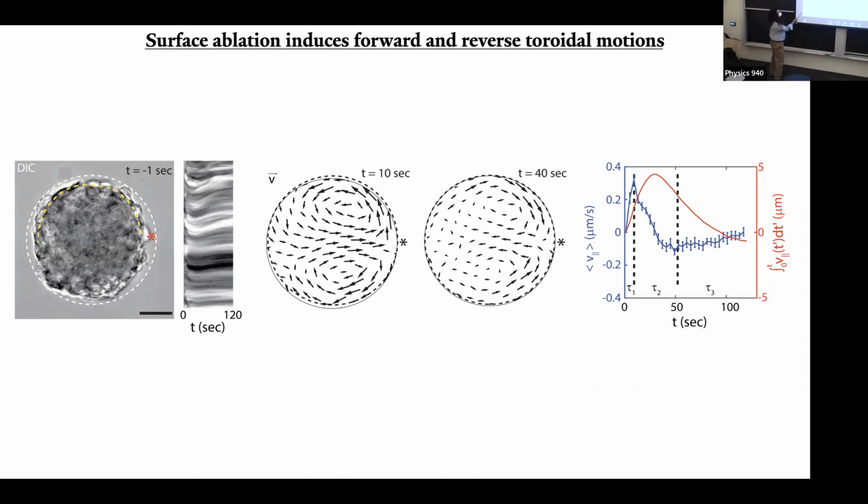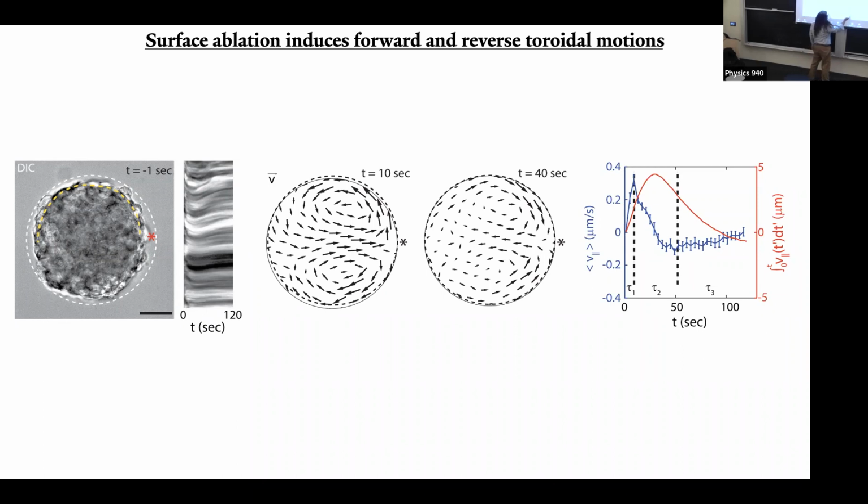Again, we have this aggregate, we kill a cell here, they were all tensed by that myosin activity. And so I kill one, we pop it open. And again, we get this toroidal thing where you have the top moving back, center moving forward. Just some seconds later, it completely reverses. So here you can take a look at the velocity.